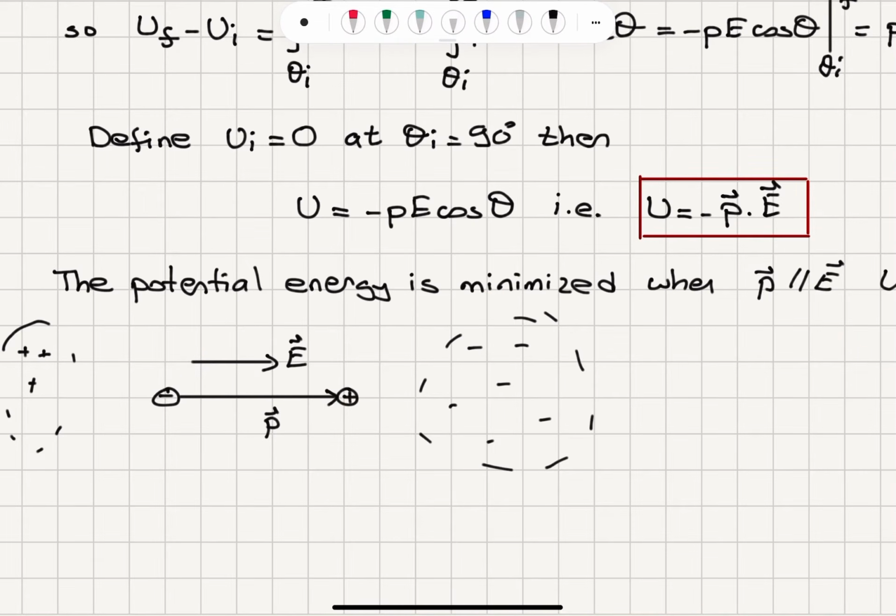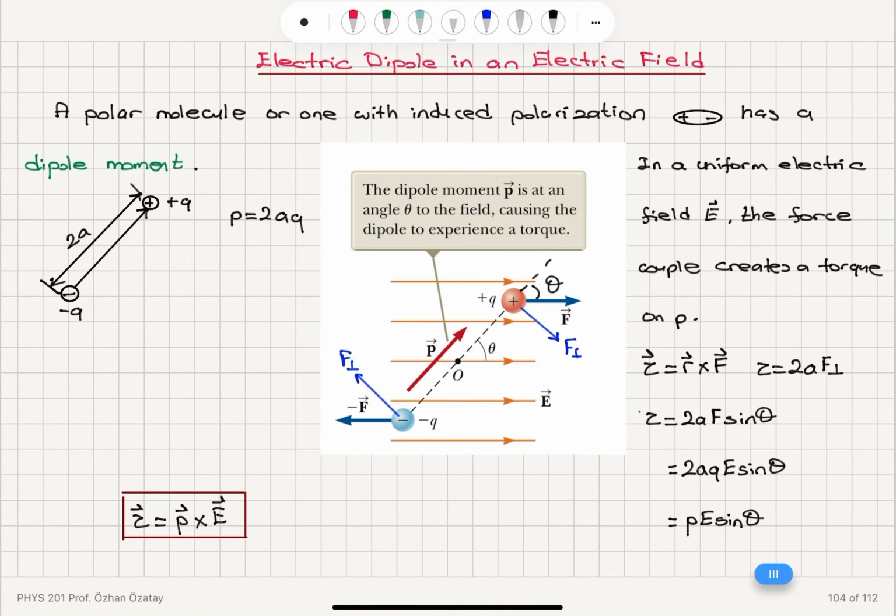The positive charges feel attracted towards the right hand side, negative charges feel attracted towards the left hand side, and you can see why this is the minimum energy configuration, because the dipole moment has rotated to have the charges line up with the electric field vector, so that the requirement of the attraction between the charge distributions has been satisfied. Okay, so we talked about placing an electric dipole in an electric field.